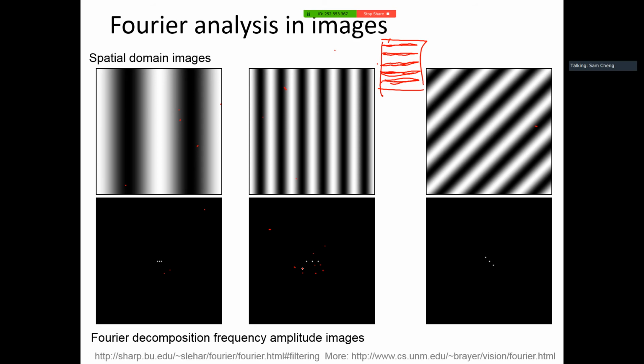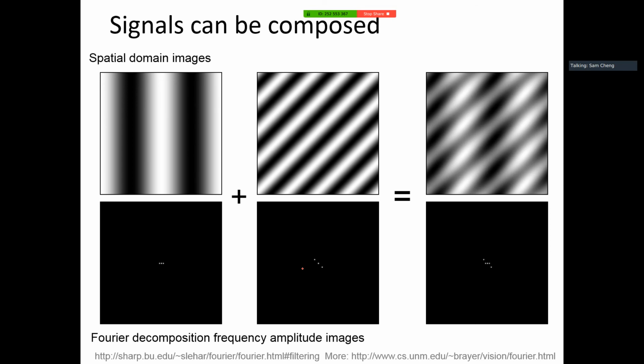Yeah, it's a little bit weird at first. Maybe if I show another example, I can add these two images together, and then you get the effect of having 5 dots here, right?